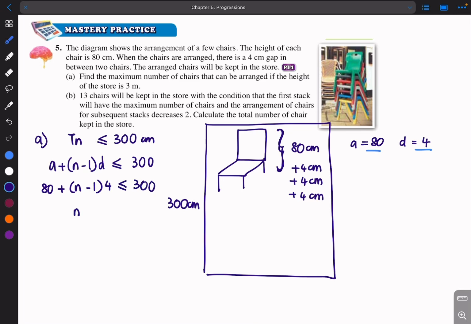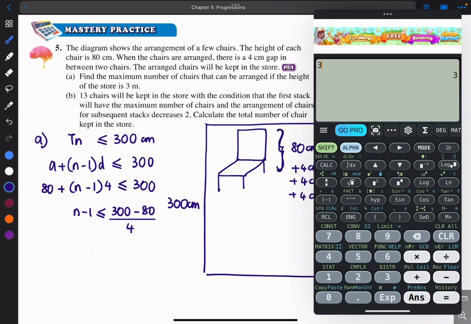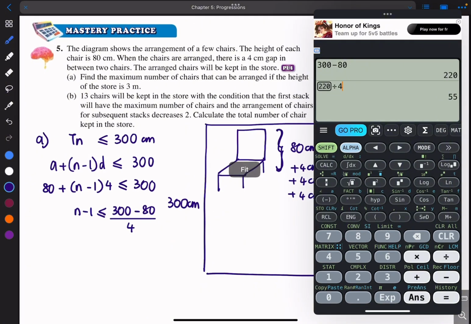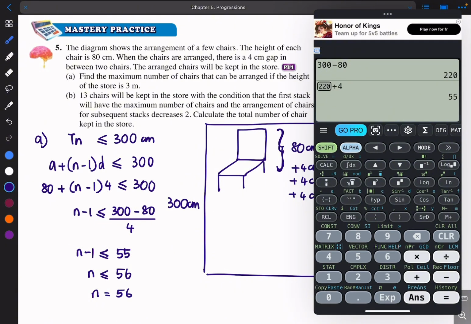So n minus 1 would be 300 minus 80, divided by 4, which is 55. So n minus 1 is less than or equal to 55. n is 56. Since this is not a decimal, we can say n equals 56. That means if you stack 56 chairs, it will be exactly 300 cm. Done.